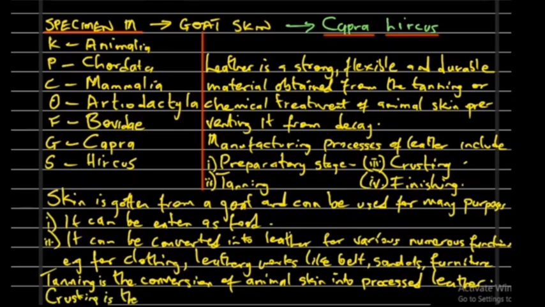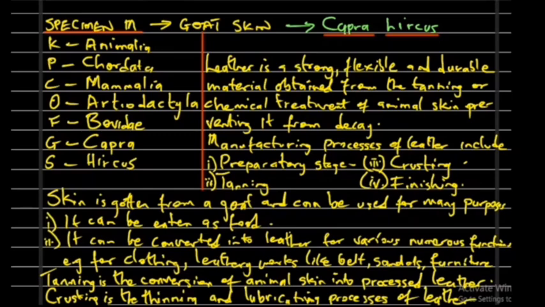And for the second process, crusting is the thinning and lubrication of leather. It is the thinning and lubricating processes of leather.